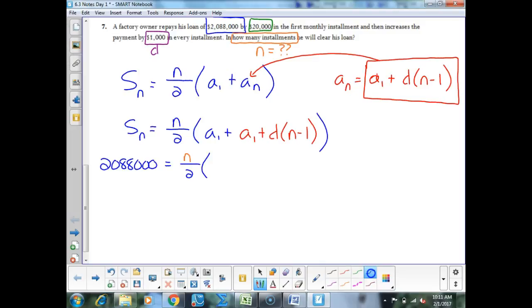Do I know what a sub 1 is? What is it? 20,000. Do I know what a sub 1 is? Yeah, 20,000. Do I know what d is? It was purple. Do I know what n is? Nope, it's n.